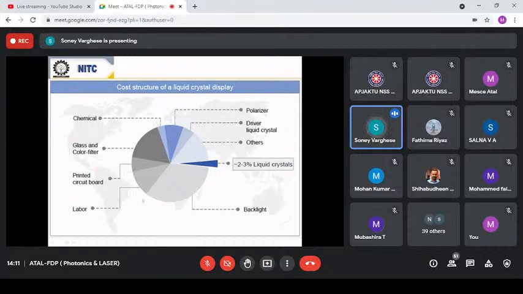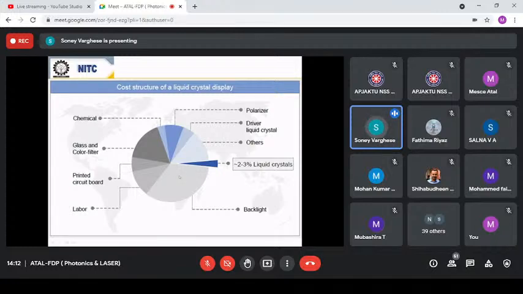And if you look at the distribution of cost among the different parts of a display system, we can see that around 2 to 3% of the cost comes from the liquid crystal materials, right? Liquid crystal materials and other contributions. You can see the backlighting systems are also contributing more than other parts.